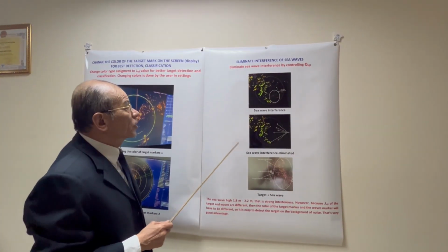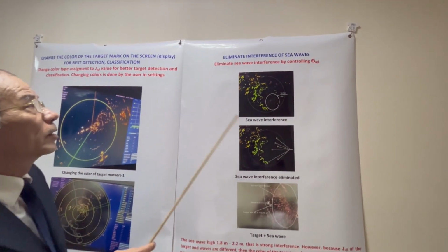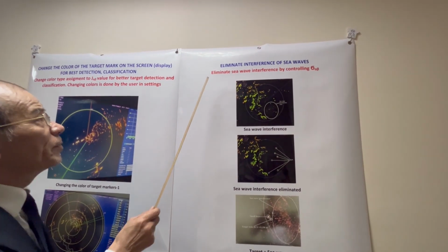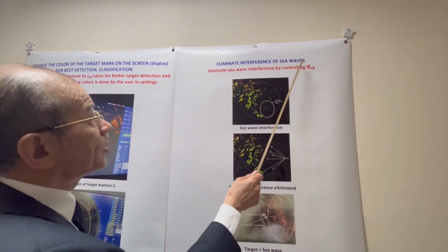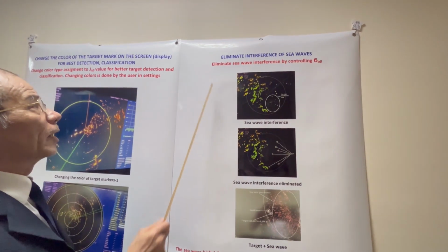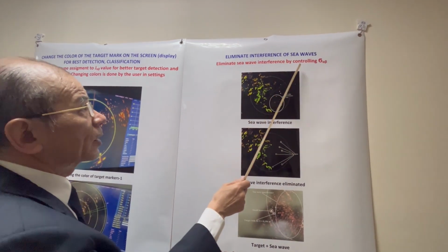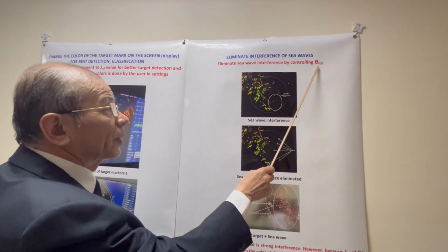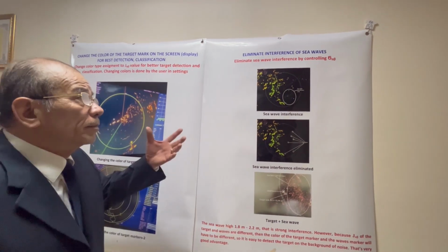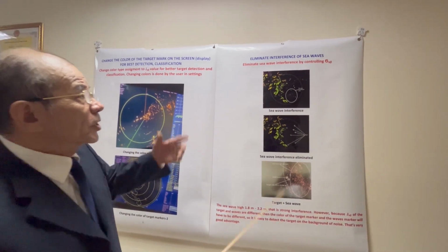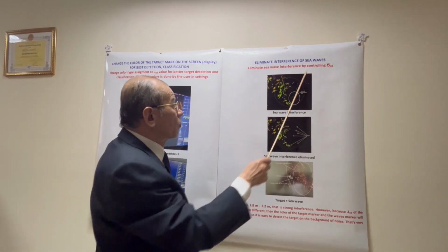And now I show you some pictures of eliminating interference of the sea wave. We can eliminate sea wave interference by controlling sigma alpha beta.